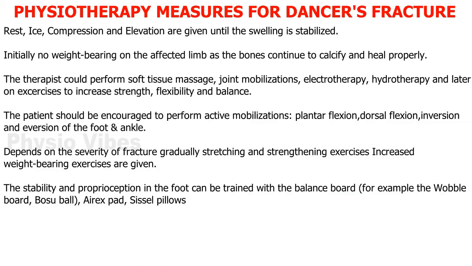The patient should be encouraged to perform active mobilizations: plantar flexion, dorsiflexion, inversion and eversion of the foot and ankle, depending on the severity of the fracture. Gradually, stretching and strengthening exercises increase. Weight-bearing exercises are given. The stability and proprioception in the foot can be trained with balance boards, for example the wobble board, BOSU ball, Airex pad, and sisal pillows.